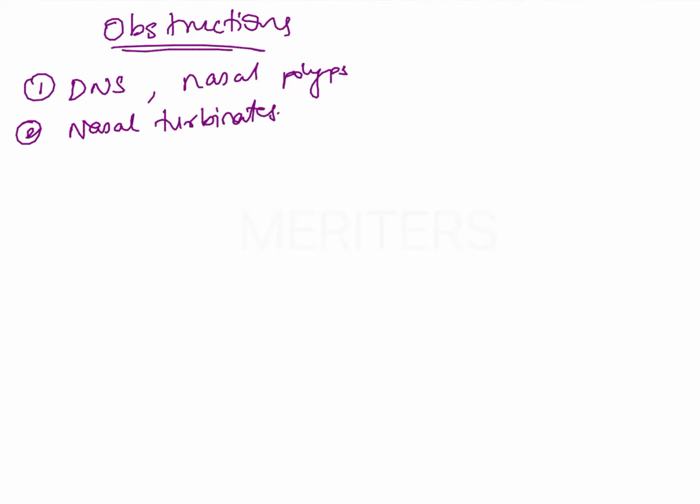It could be because of a deviated nasal septum or any nasopharyngeal deformity. They can be because of nasal polyps that have developed, so any pathological cause, or enlarged nasal turbinates, which can also obstruct the passages. Some temporary causes could be allergic rhinitis, which causes engorgement of the blood vessels in the nasal mucosa, causing obstruction.